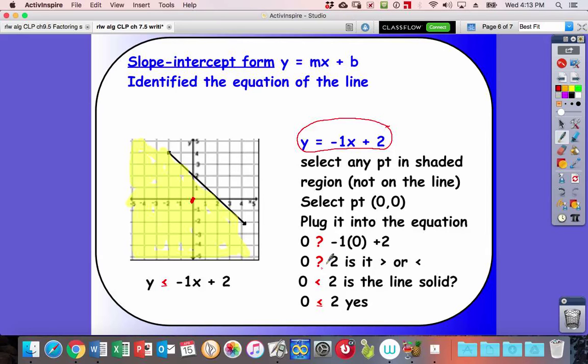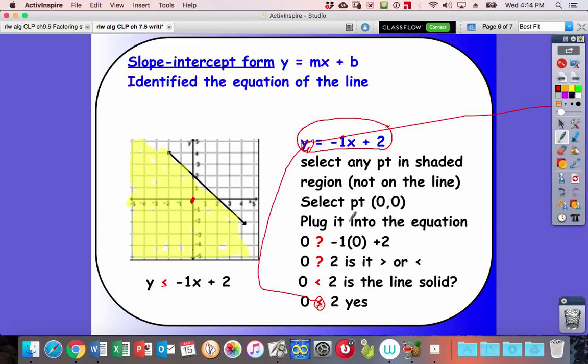Now I need to figure out what goes in there. I know that 2 happens to be greater than 0. And is it a solid line or a dashed line? It's a solid line, so it's not just going to be less than, it's going to be less than or equal to.